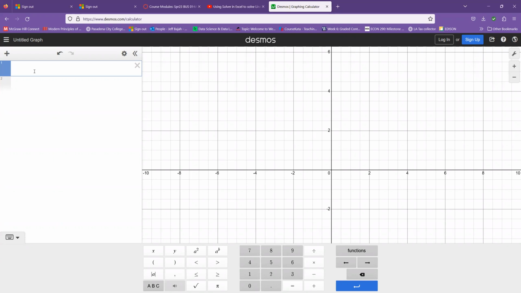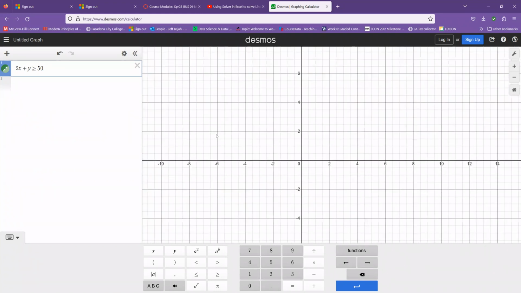So remember, our constraint was 2x plus y, right? Was greater or equal to 50. So greater or equal to 50, right? And then it's telling me that the results of that will be in green, right? So maybe if I do it in here, I'll be able to find that.